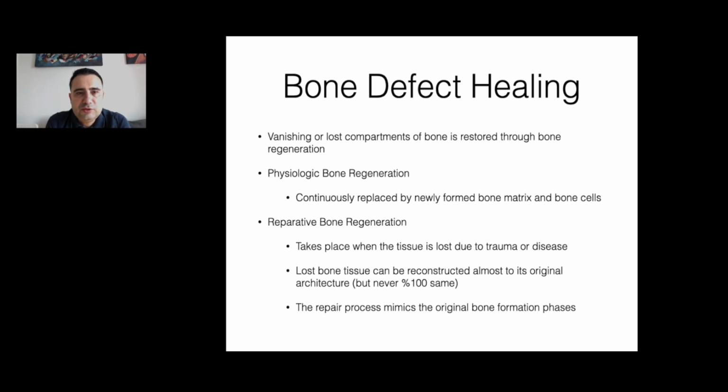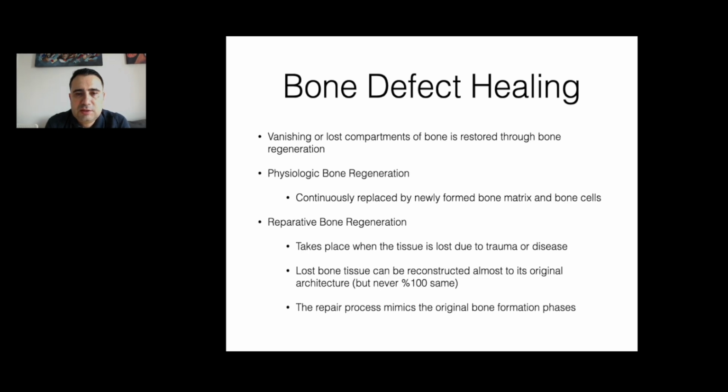There could be physiological bone regeneration, which is continuous replacement of bone with matrix and bone cells. There is also reparative bone regeneration, which takes place when tissue is lost due to trauma and disease.